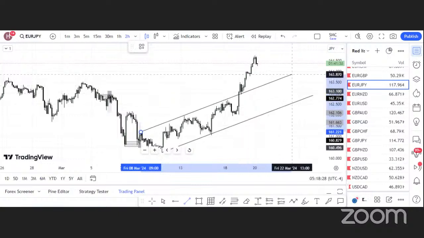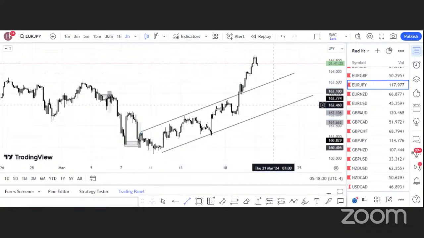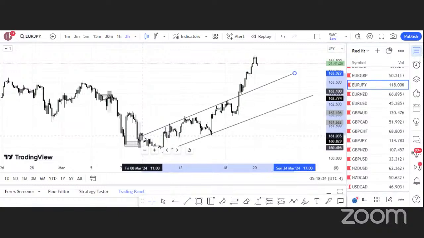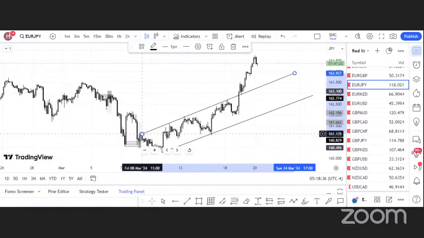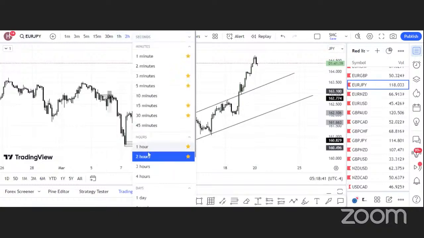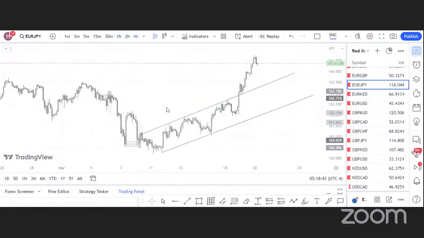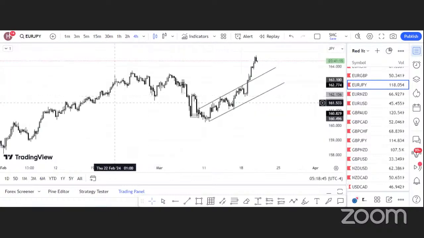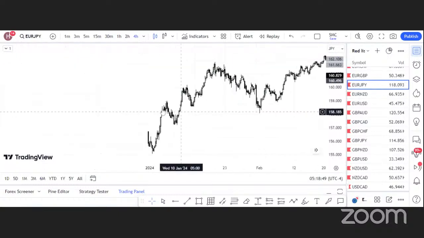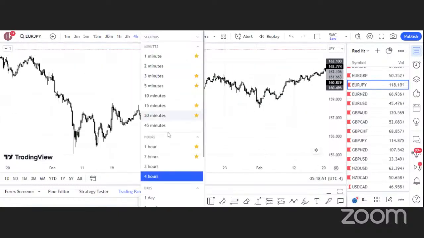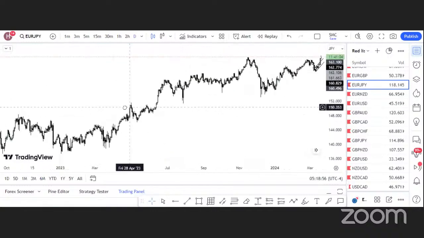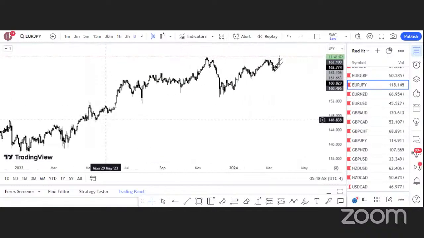Let's see if we're gonna get an opportunity from here. Let's check from the higher time frame, the daily time frame.